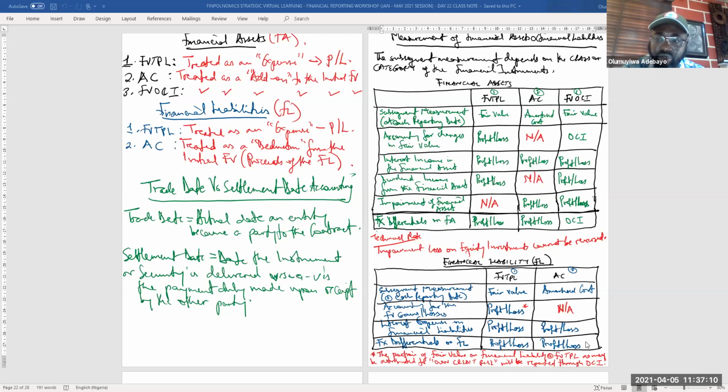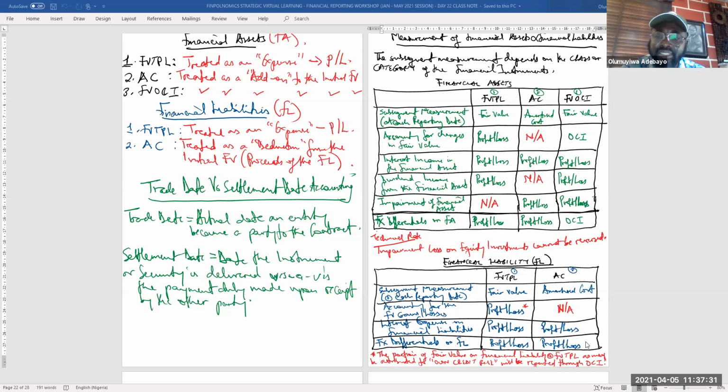But there's an exception to it. The gain should go to profit or loss if it can be attributed to changes in market variables, which affect every other person in a similar manner.